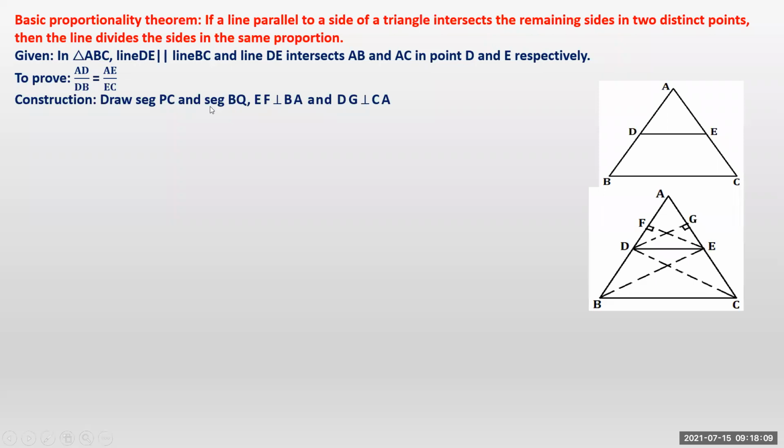It is BE and DC. And EF perpendicular to AB and DG perpendicular to CA. Here, instead of PC, it should be CD, and instead of BQ, it should be BE. Just a typing error over here.